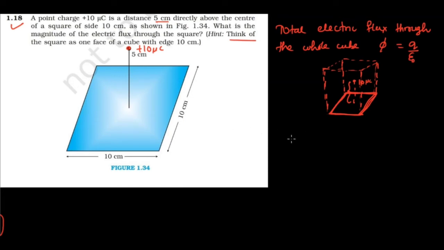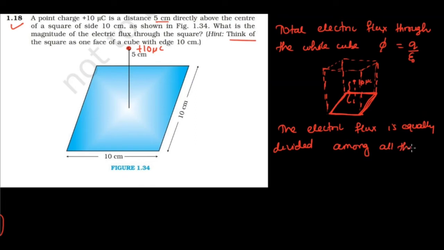And this electric flux is equally divided among all the 6 faces. Why?